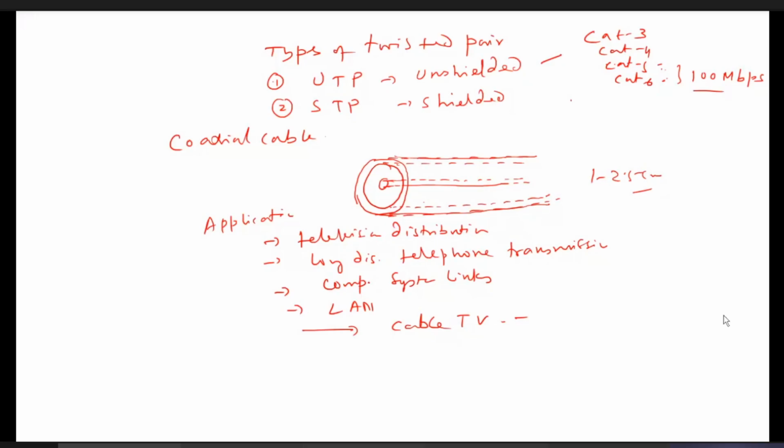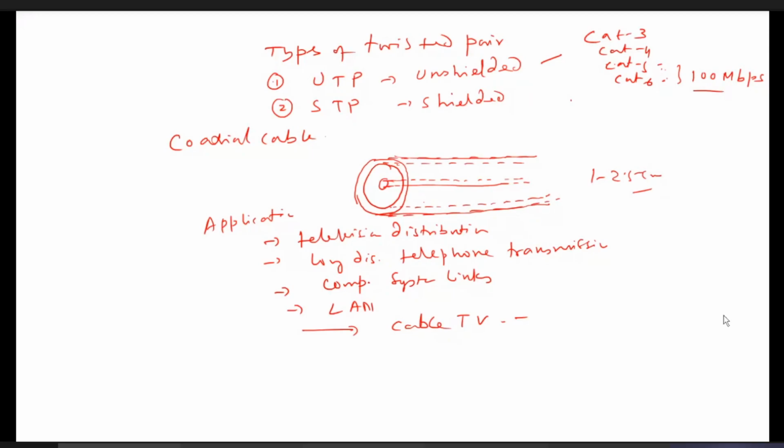Of course, it can also be used for digital signaling, but it has better frequency characteristics than twisted pair, as I have just shown. And since it is shielded, the overall jacket helps. Interference and crosstalk will be minimized in this case.